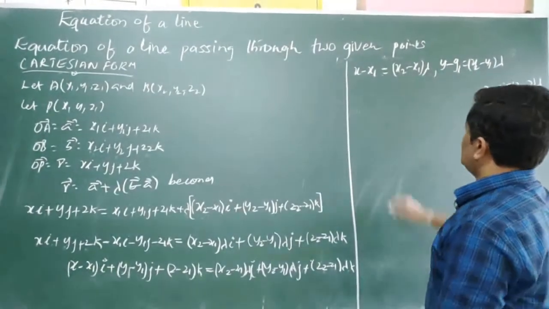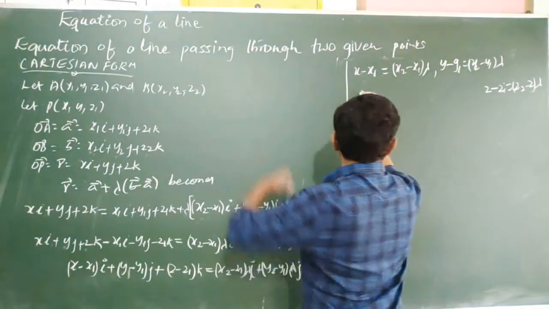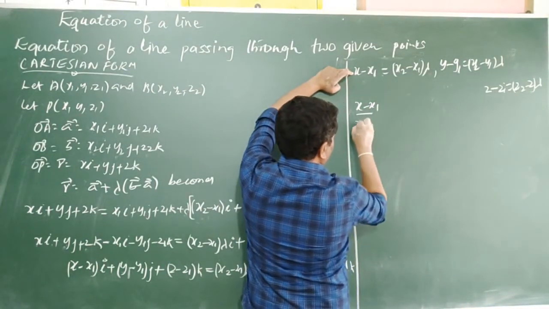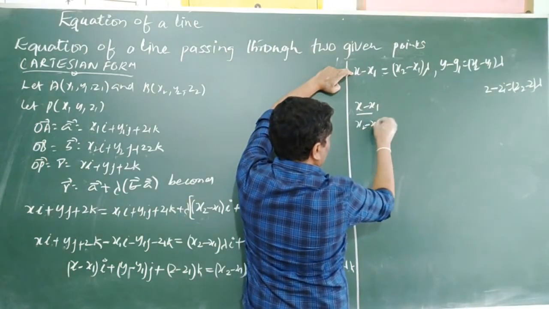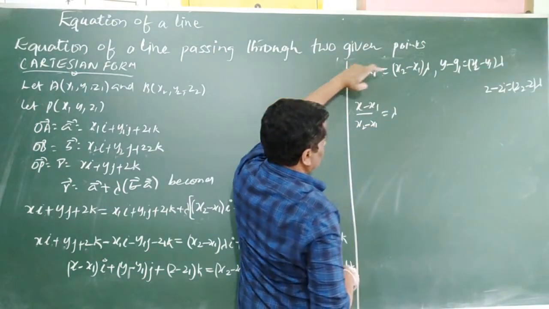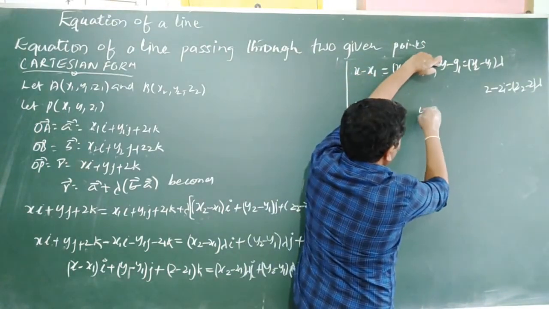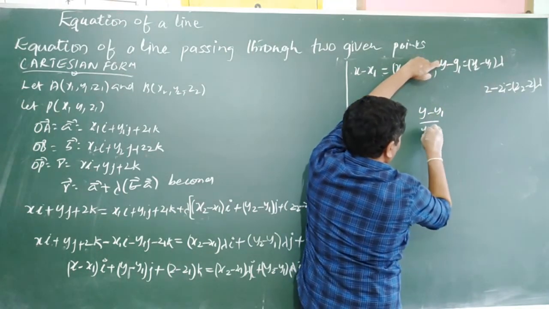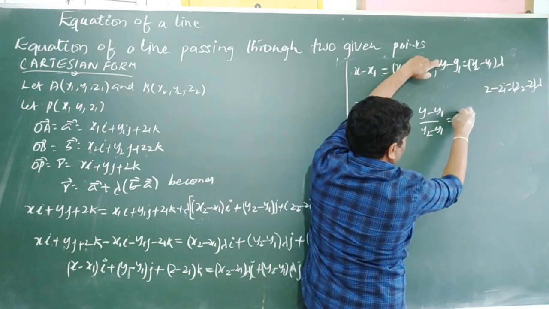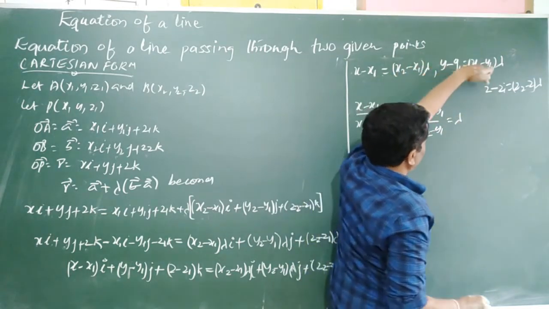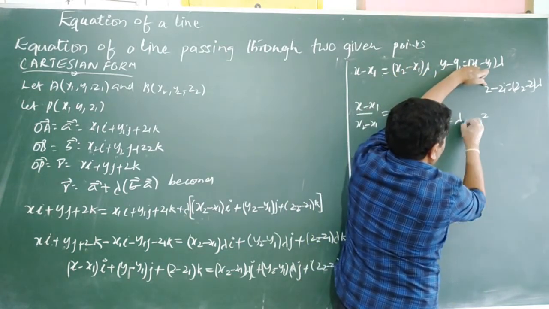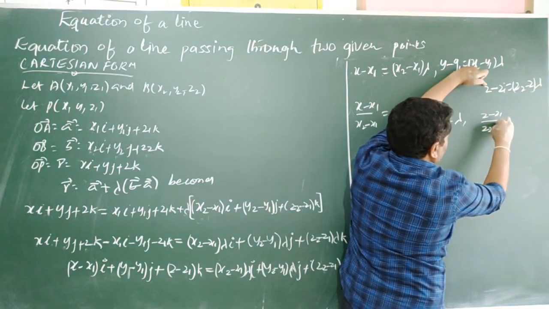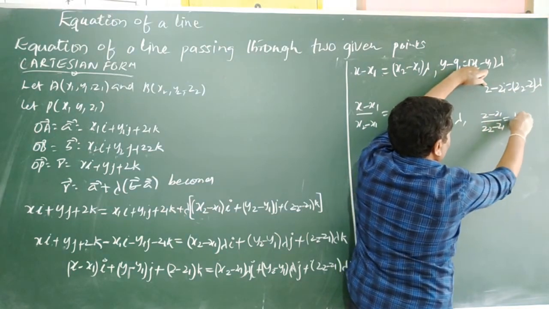Here we have x minus x1 by x2 minus x1 is equal to lambda. Similarly, bringing this term to the LHS, y minus y1 divided by y2 minus y1 is equal to lambda. Again, z minus z1 divided by z2 minus z1 is equal to lambda.